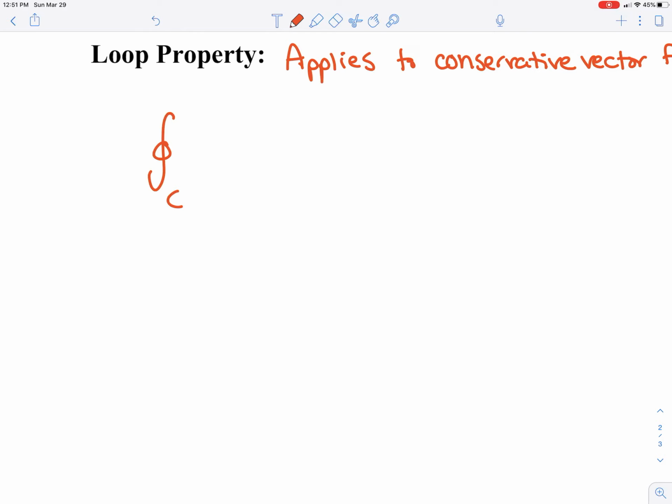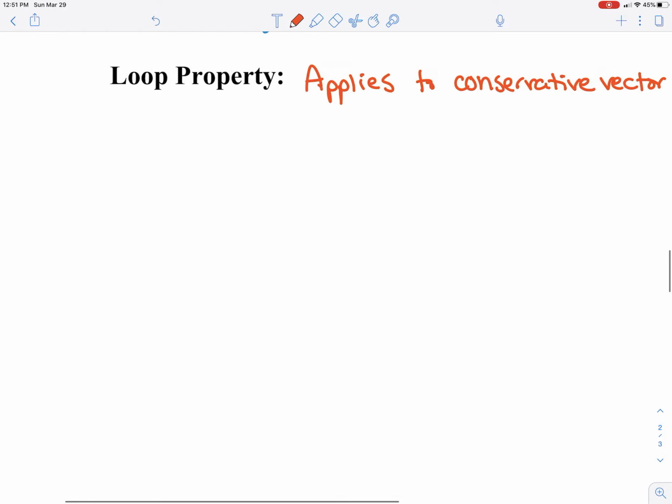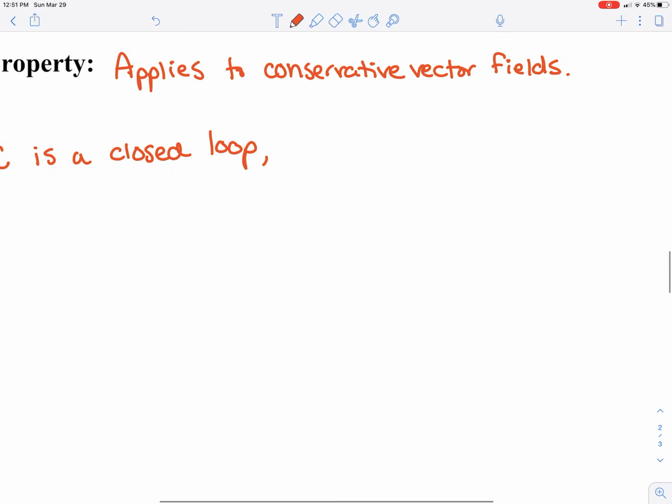Right, so the loop property states that if F is a conservative vector field, and if C is actually just a closed loop, then every line integral evaluates to 0.